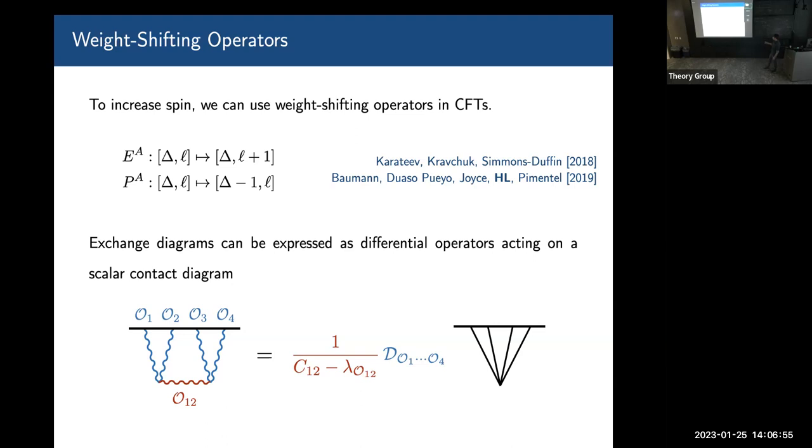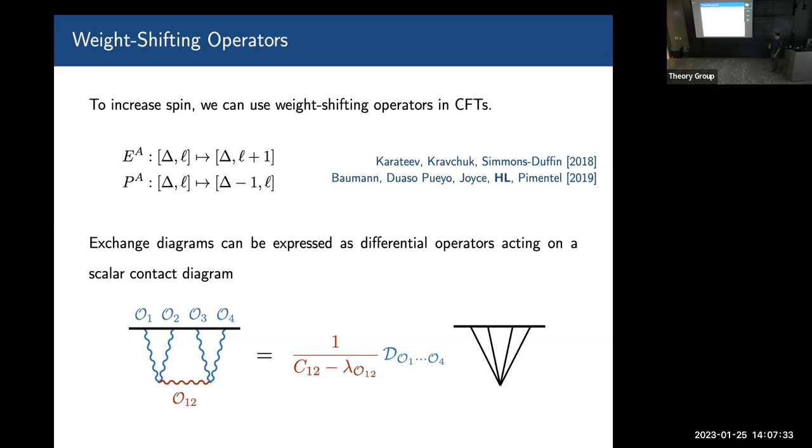So basically, how it works is shown in this representation. You can start from a contact scalar correlation function. And then you act on it with this operator that I define as D, which is some combination of these weight-shifting operators. That depends on the choice of the external operators here. Then you want to act with this inverse Casimir, which plays the role of the propagator in this context, which basically generates the exchange part of the diagram.